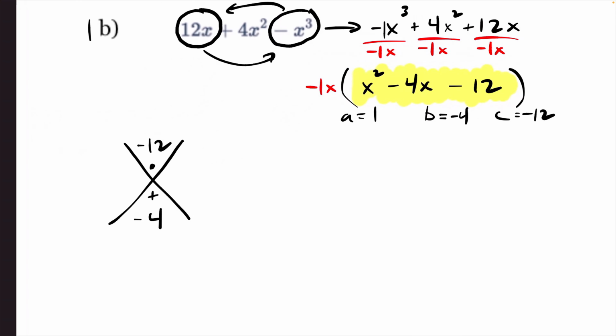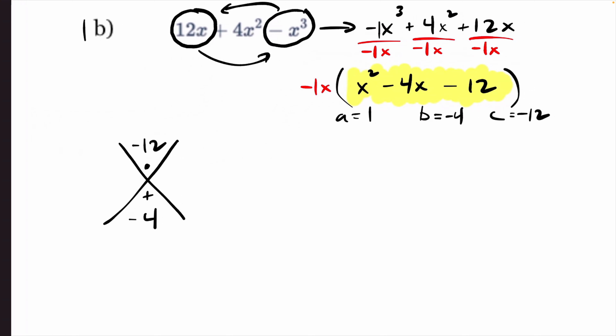What are the two numbers that when I multiply make -12, but when I add them make -4? 2 and -6, right? Again, order doesn't matter. You could put -6 first and 2 second, as long as you have those two numbers. Don't switch them. I've seen students do that. Put -2 and +6. Don't do that, but you can switch the order.